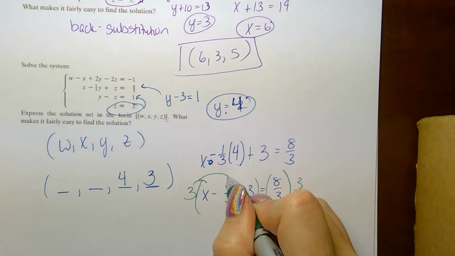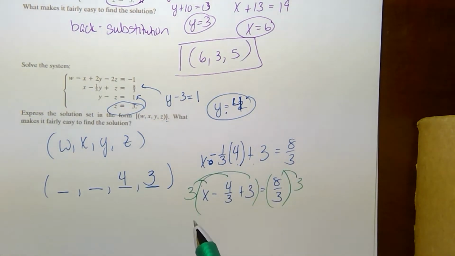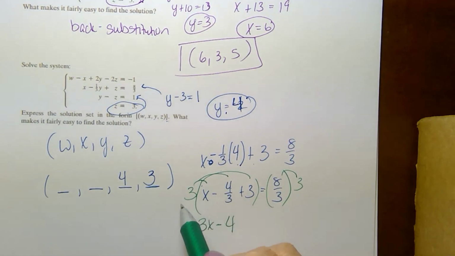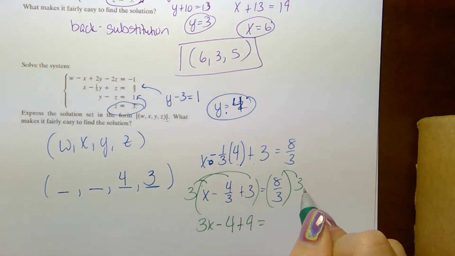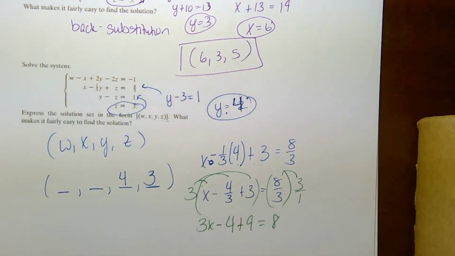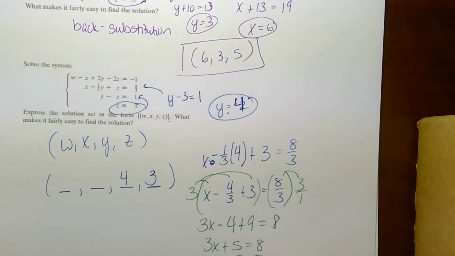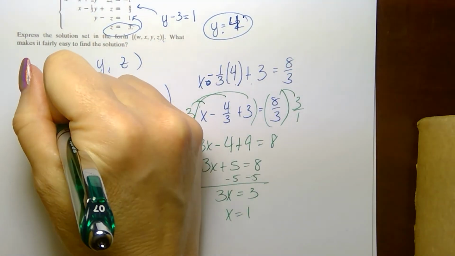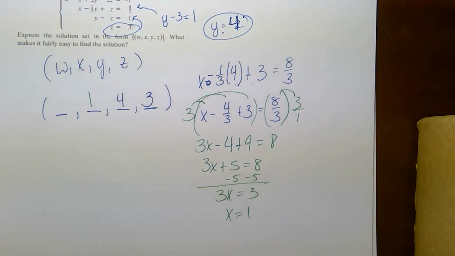So I can distribute this 3 inside here. That gives me 3x minus 4, because 3 times 4 is 12, divided by 3 is 4, plus 9 equals 8. That is 3x plus 5 equals 8. If I subtract that 5, I get that 3x is equal to 3. So x is 1.